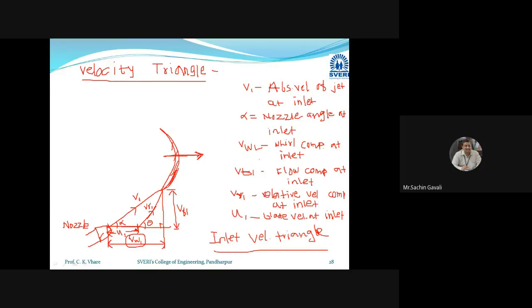With this, all three triangles are there. Velocity triangles are useful in all four chapters, and this is basic for that. Therefore, we will not go ahead without understanding this concept. Understood? Swaz understood, and I think Shubham also understood.